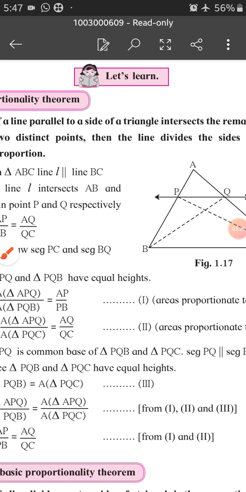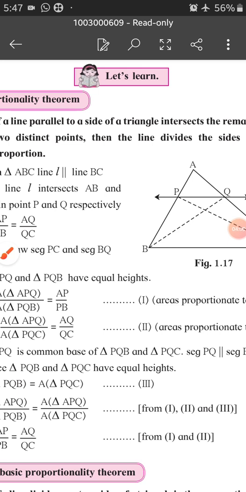Now the second ratio, that is AQ and QC, how will we get it? By taking the triangles, area of triangle APQ upon area of triangle PQC equals AQ upon QC, because both these are the bases of the triangles. So the reason is areas are proportionate to their bases. Now we'll consider equations 1 and 2 for both the triangles. If you observe both the equations, you will observe that their numerators are the same.